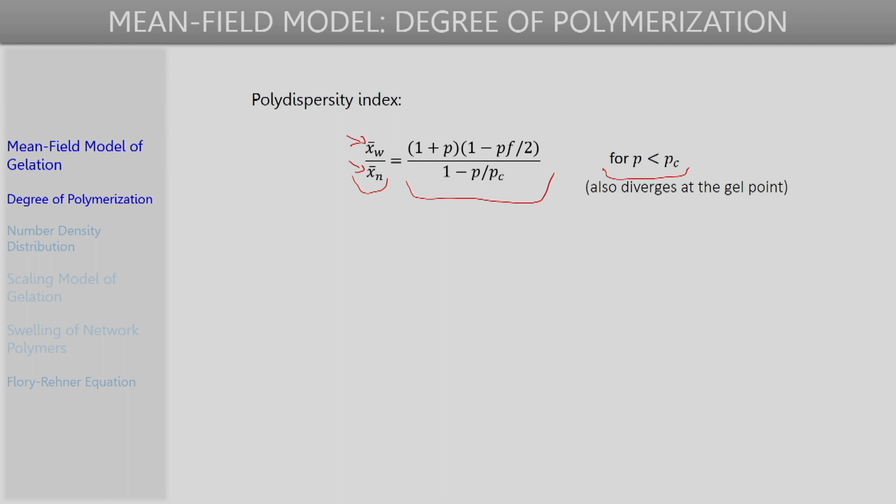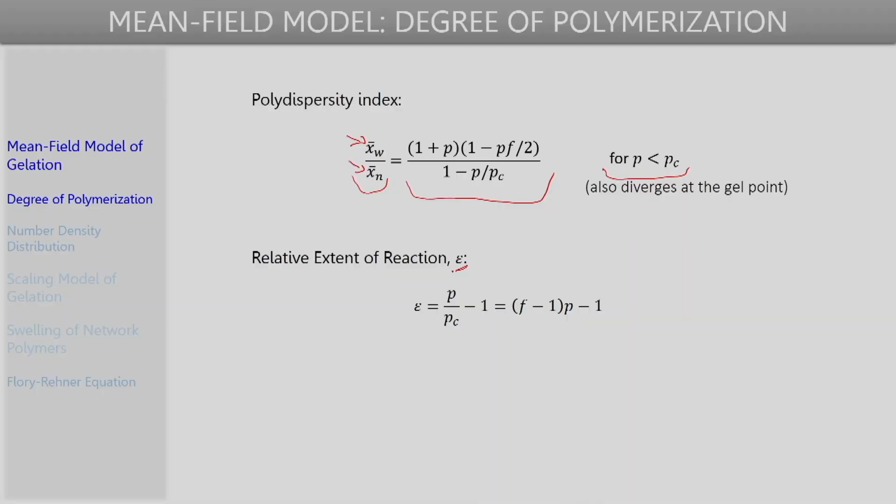Now apart from these quantities, it's useful to introduce a quantity which measures how far away the system is from the gel point at a certain point of time. That is defined by what's called the relative extent of reaction, which we will represent as epsilon.